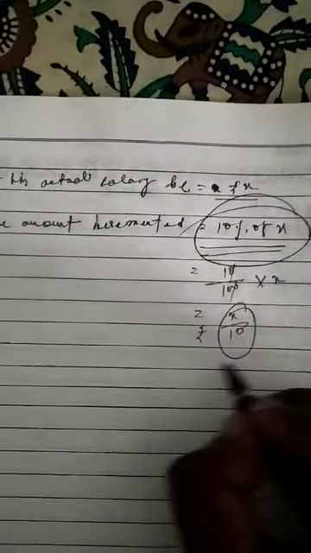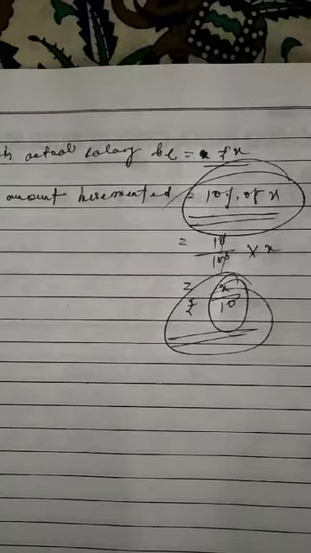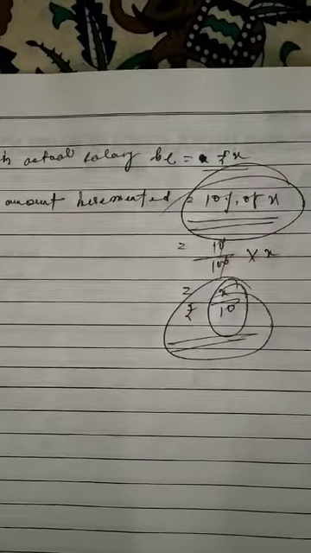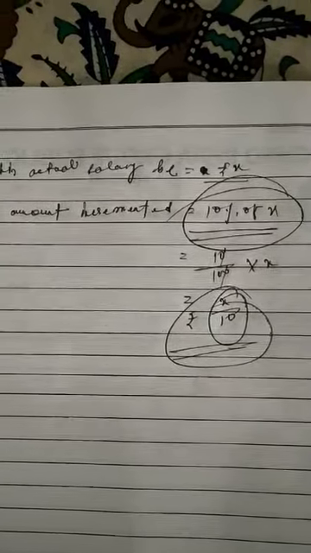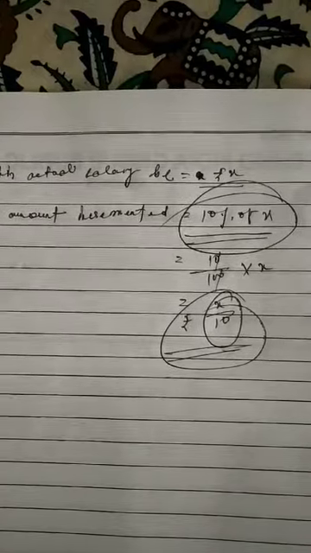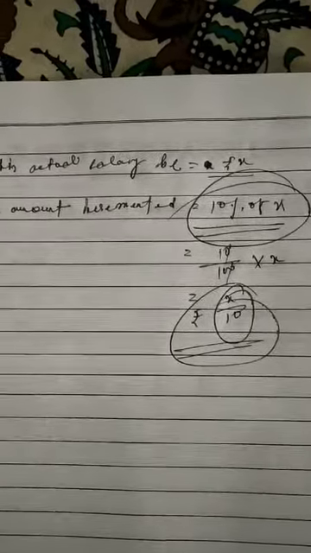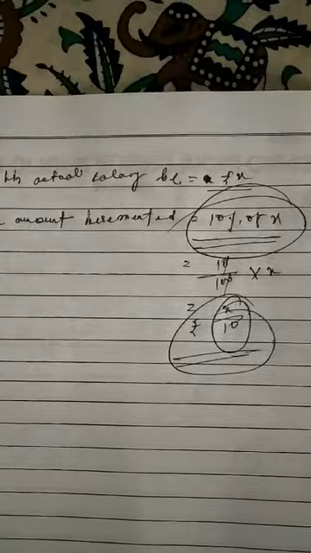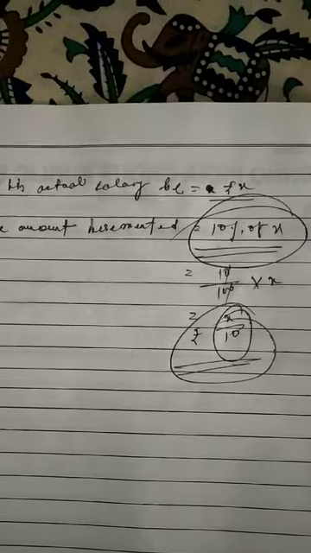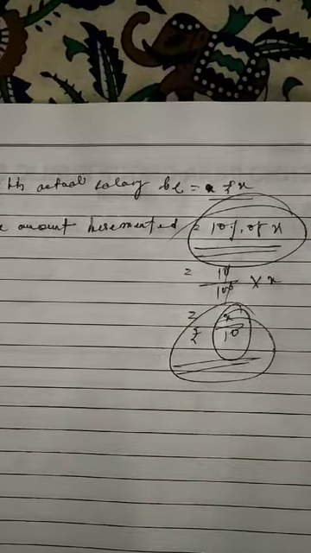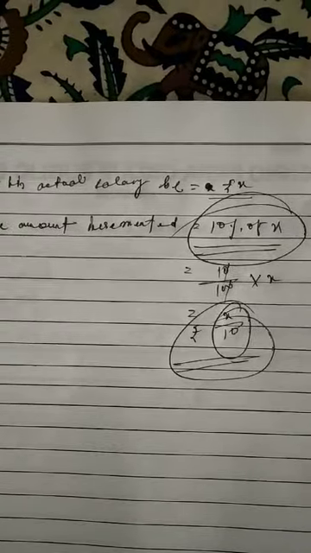It will be X by 10 rupees. So children, his actual salary was X, and the amount incremented is X by 10 rupees.